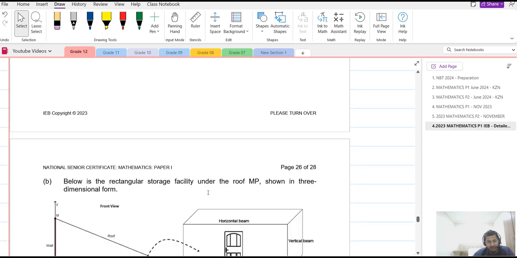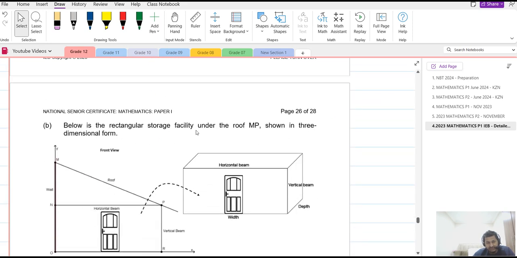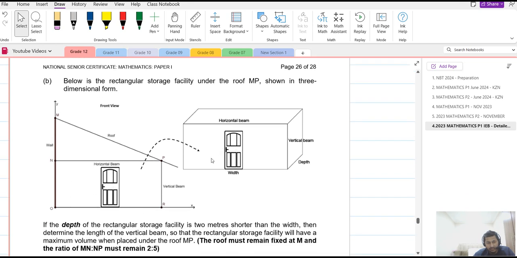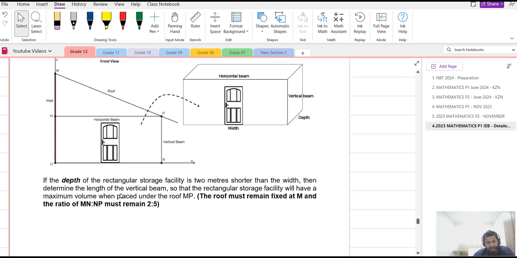Moving on. Below is the rectangular storage facility under the roof MP, shown in 3-dimensional form. If the depth of the rectangular storage facility is 2 meters shorter than the width, so what's the width?